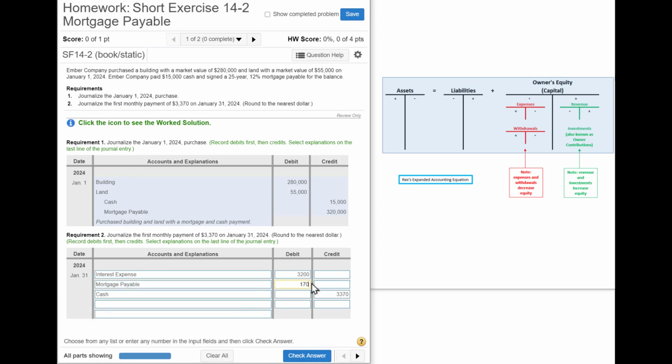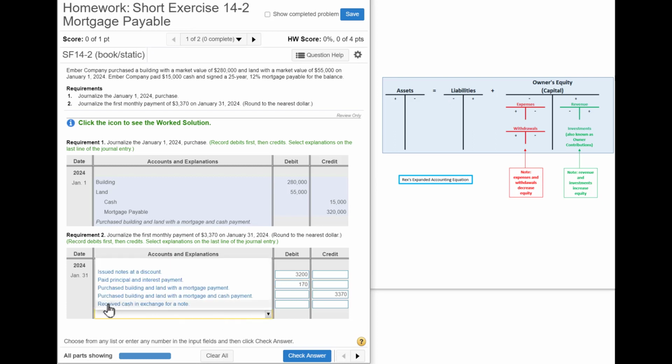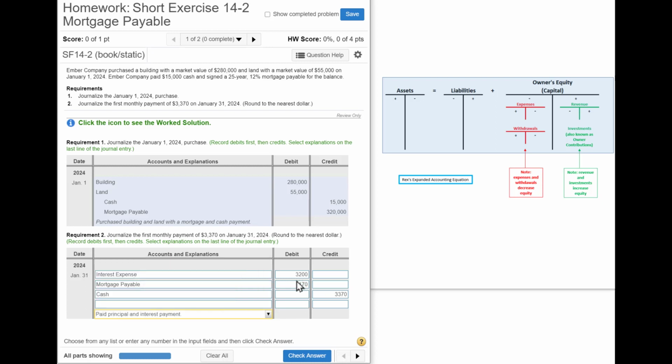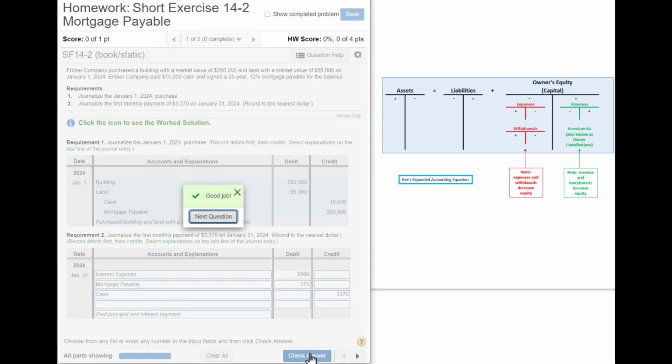Because notice this is on the debit side, and to lower a liability, that's on the debit side. And then we have our explanation: paid principal and interest payment. So the principal is going down by only $170, and interest expense is the bulk of the payment, $3,200. And that's it.